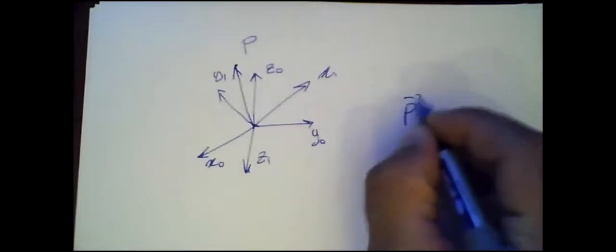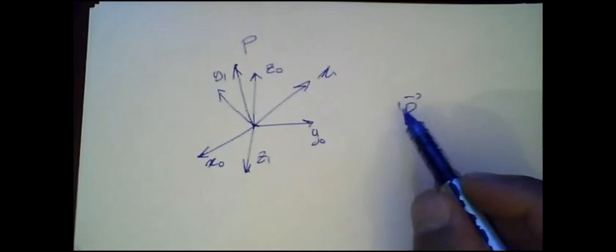Okay, so let us say right now that we have a vector that is expressed in frame one, and I'm just going to draw this kind of randomly. So this is point P, and point P is expressed in frame one, and the way you would express that is P1. So P1 is that vector P as seen in frame one.